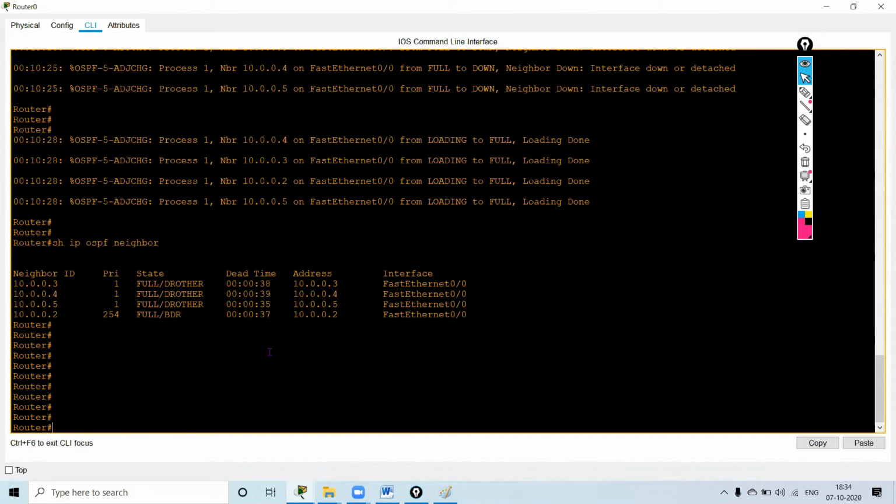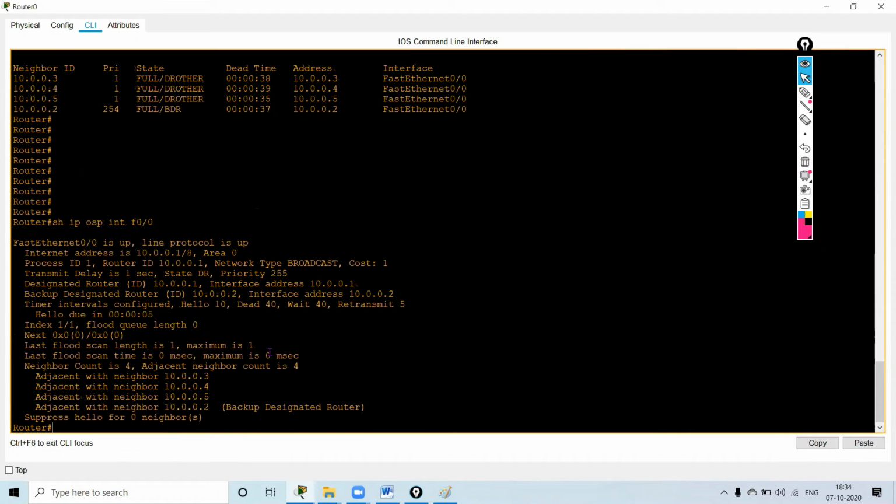This router became the DR now. If I see show, designated router is 10.0.0.1, backup designated router is 10.0.0.2.